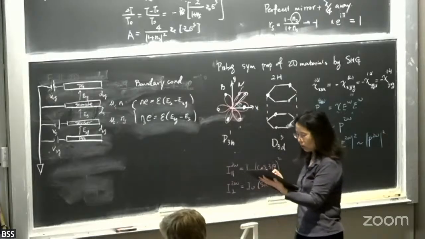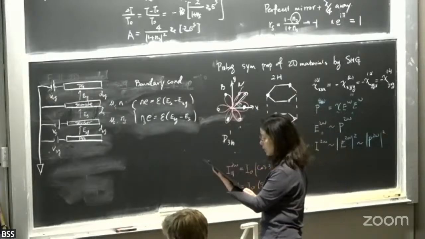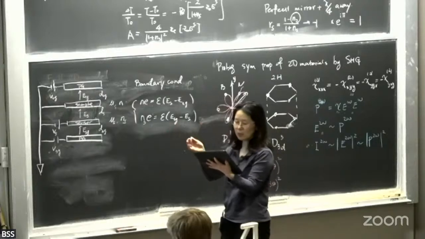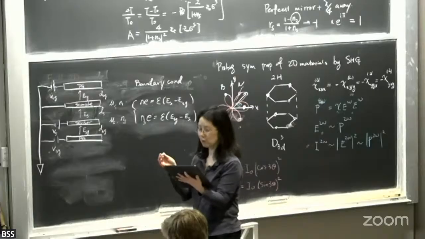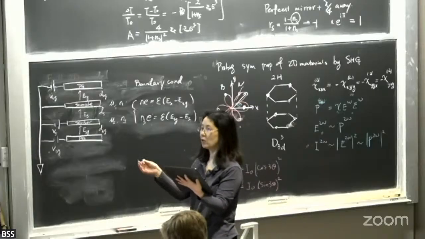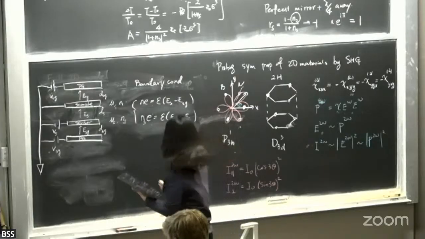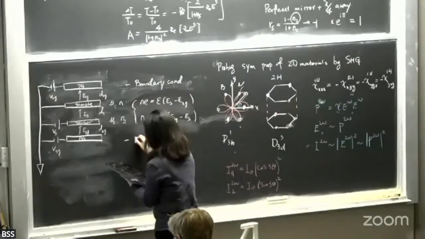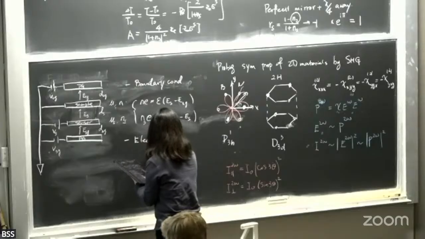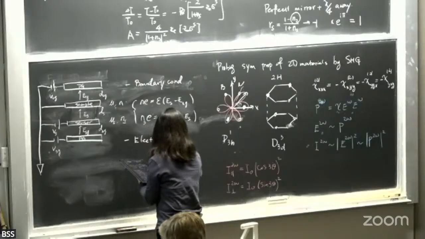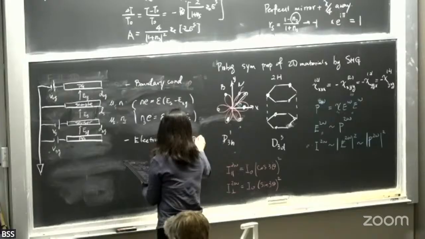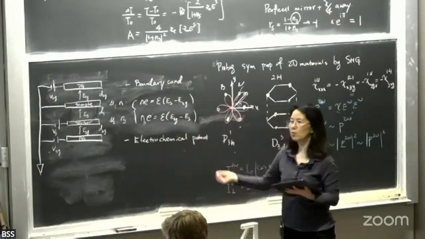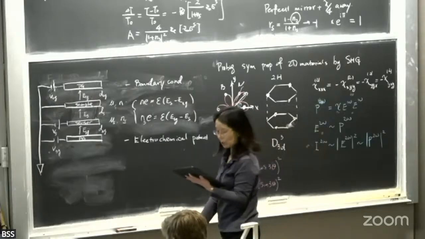Using boundary condition, we can write another set of equations by relating electrochemical potential to chemical potential and electrostatic potential. So that's one set. So we can write 3 more equations for the electrochemical potential.